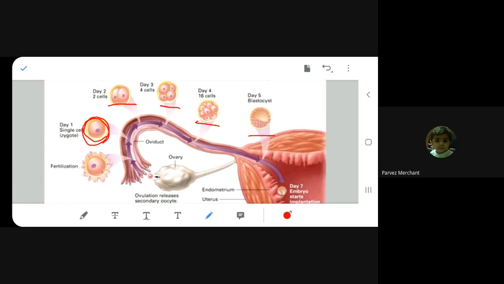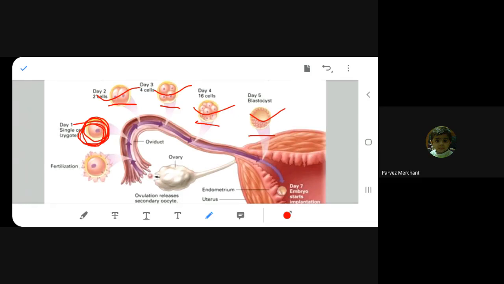Zygote is called zygote where it is in a fused condition of the male nucleus and the female nucleus. That is called zygote. And when it starts dividing, that means it is converting to what is called an embryo. Till it does not divide, it remains as zygote.